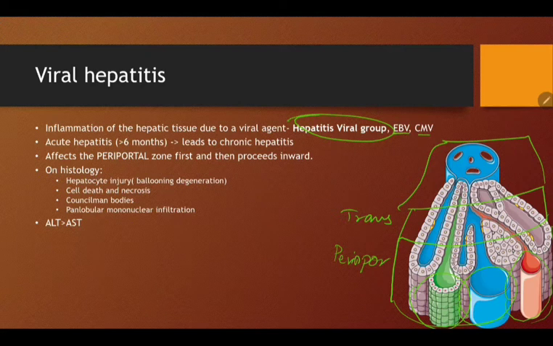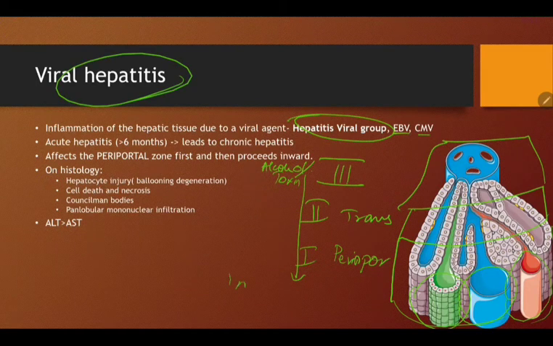Going on, this is high yield: any damage caused by alcohol or toxins affects zone 3 and downward. Hepatitis, that is an inflammation, goes from the periportal zone inwards.